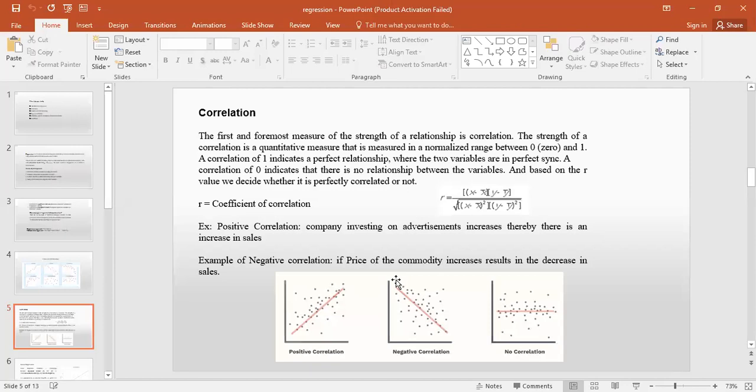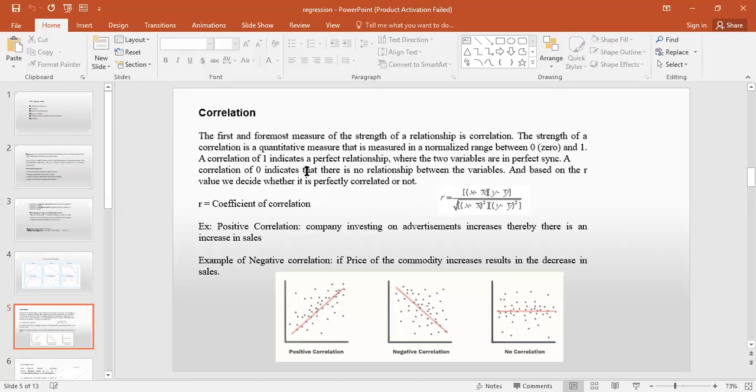We can get this R value using this formula, the coefficient of correlation: the sum of x minus x bar into y minus y bar, divided by the square root of the sum of x minus x bar squared into the sum of y minus y bar squared. Here x bar is the mean of all independent variable values, and y bar is the mean of all dependent variable values.